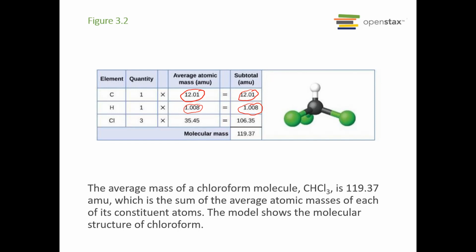Chlorine has an average atomic mass of 35.45 AMU, but there are 3 of them in this compound, so we have to multiply that by 3. 35.45 times 3 is 106.35. If you add all of these together, the molecular mass of CHCl3 comes out to 119.37 AMU.